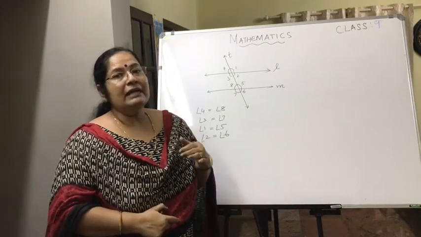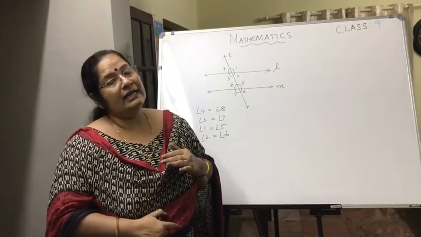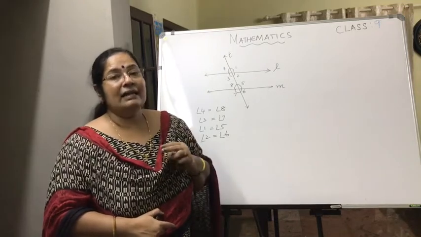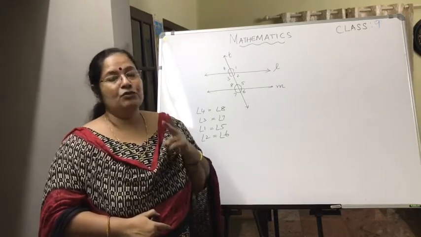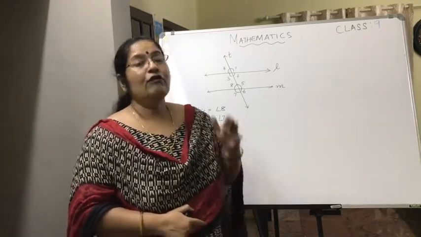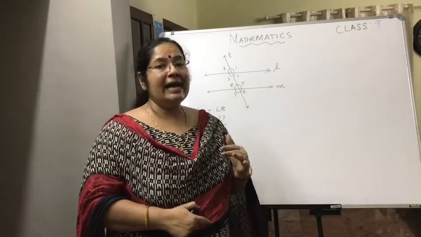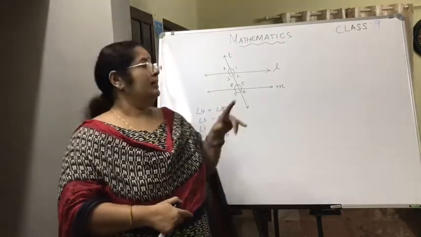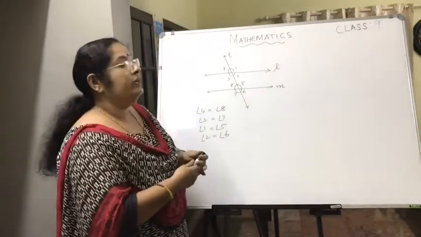Now the alternate interior angles theorem states that when 2 parallel lines are cut by a transversal, the pair of alternate interior angles are equal. They are also equal. Now here which are the alternate interior angles?